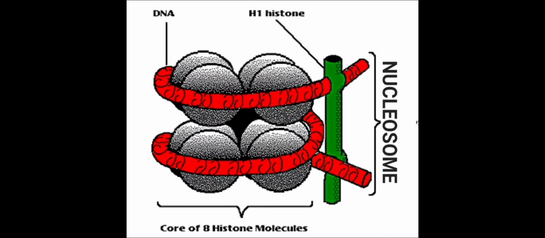In humans, there are more than 1 million nucleosomes in each chromosome, and there are 23 pairs of chromosomes in the nucleus of each cell, where each human cell contains around 2 meters of DNA if it is stretched end to end. However, the size of the nucleus is approximately 6 micrometers in diameter.